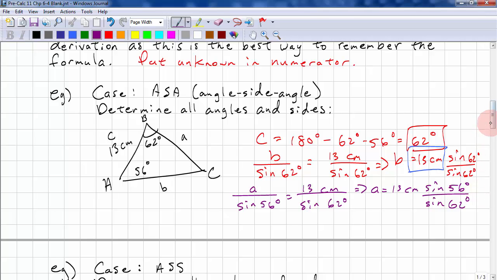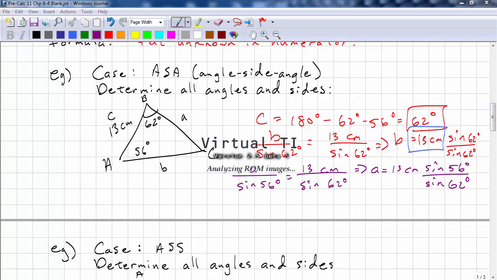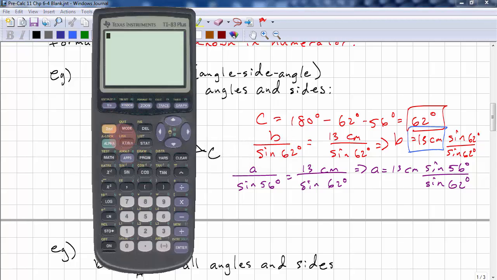And this time we'll have to use a calculator because the numbers are different. Always check your mode. It's in radians, so I need to switch to degrees. And we do 13 times sine 56 divided by sine 62.